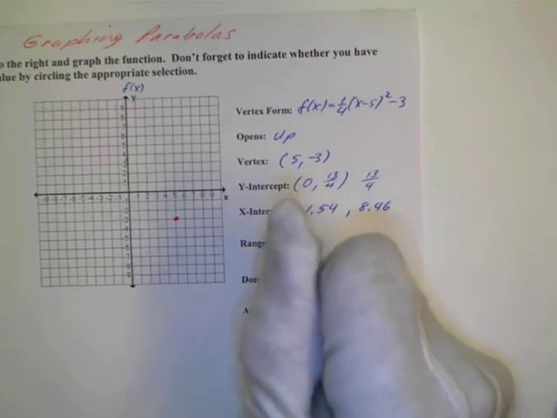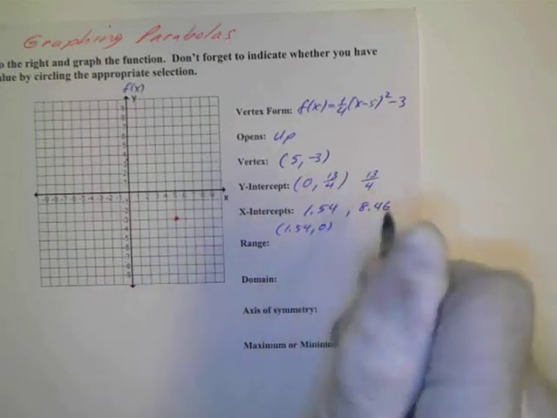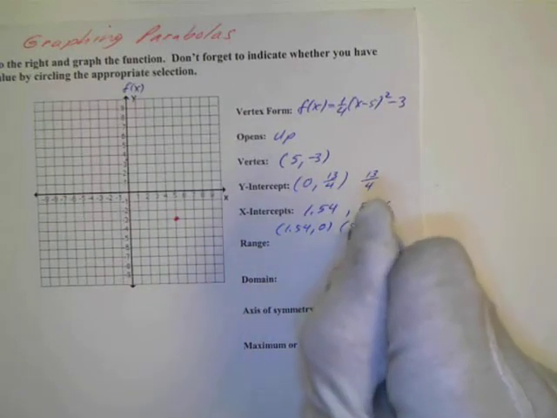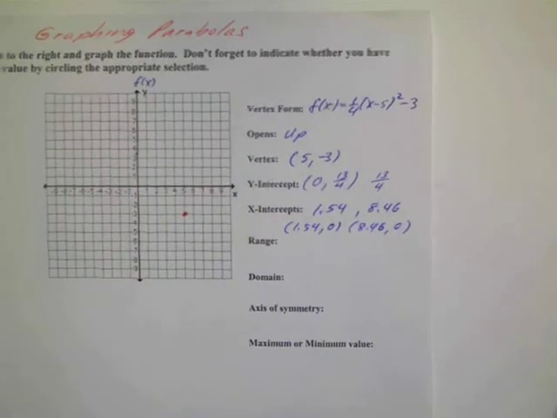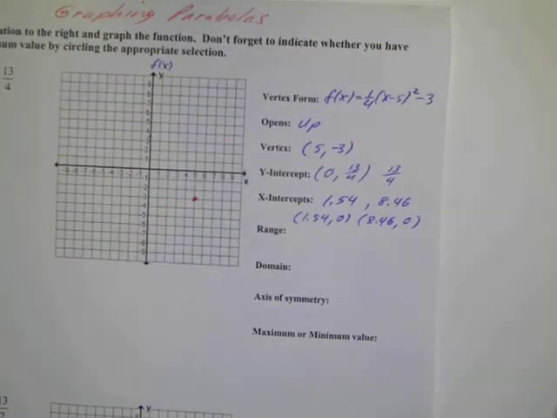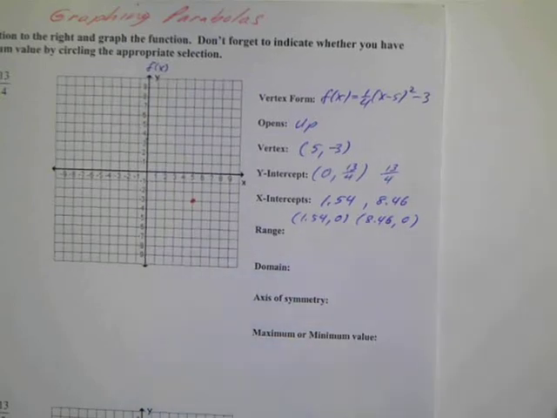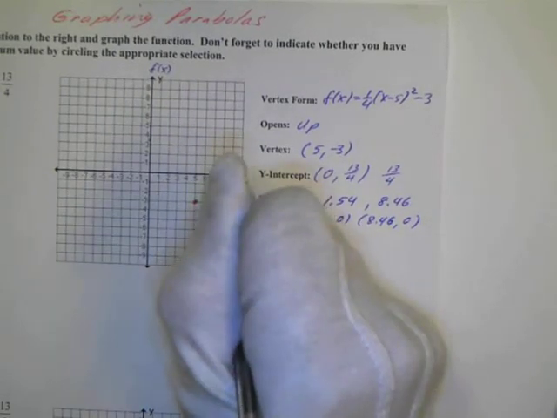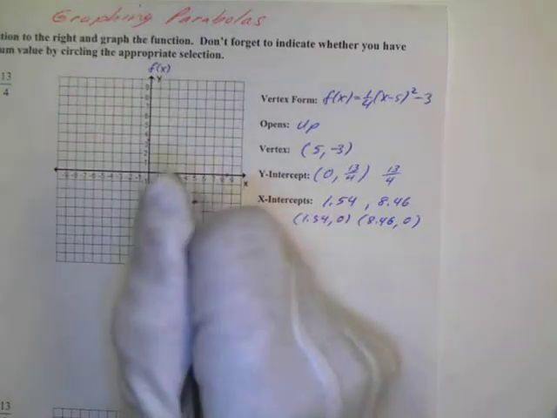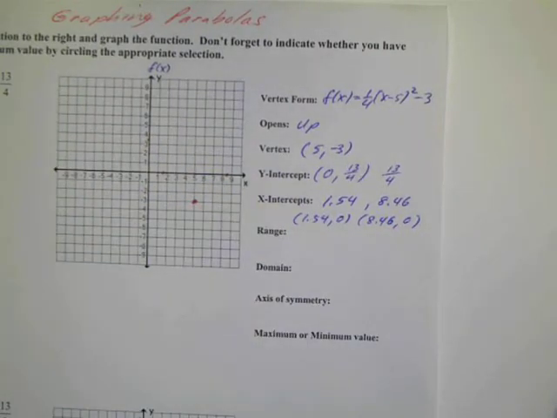And I like to write that the point is going to be 1.54 comma 0 and 8.46 comma 0. So those are the intercepts, and I can put those in. And let's see, this is going to be at 8.46, so there's 8, so about 8.5, and then 1.54. And that looks pretty good.